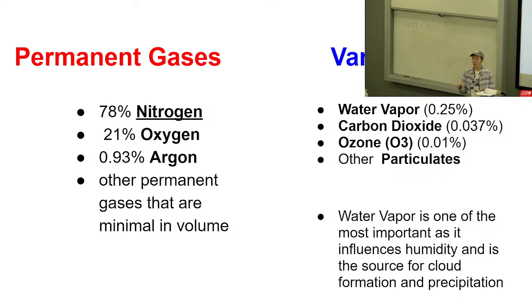It's one of the most important as it influences humidity, things that make your hair big, sources for cloud formation and precipitation. Precipitation is a big word for it's raining. So we like rain, it's what waters our crops, and we like food, so we need it. So those are our permanent and variable gases. Any questions on those? And their percentages?